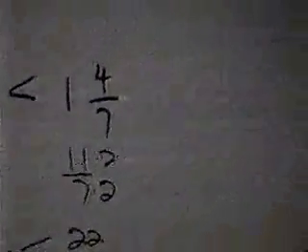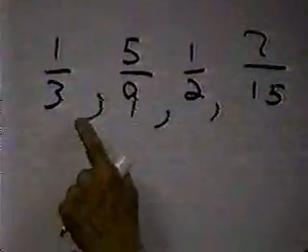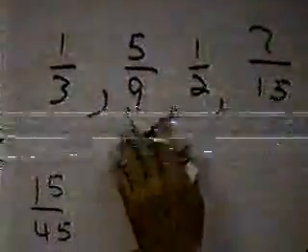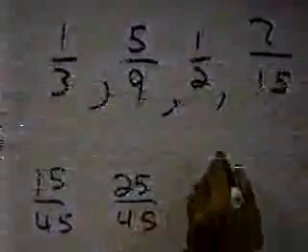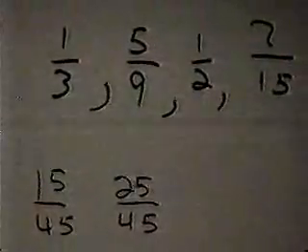All right. Now, let's look at these 4 numbers. Which one of those is the largest, or which one's the smallest, whatever way we want to ask. Well, we've got to get the same denominator. So the common denominator here is 45. So multiply that by 15, that would be 15 over 45. Multiply this by 5, that would be 25 over 45. Multiply this by... 45 wouldn't work, would it?